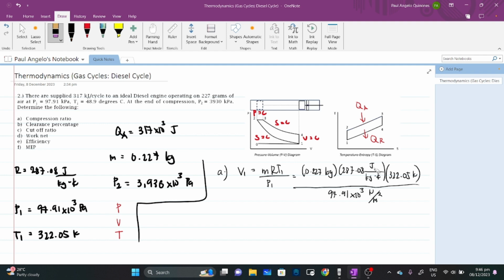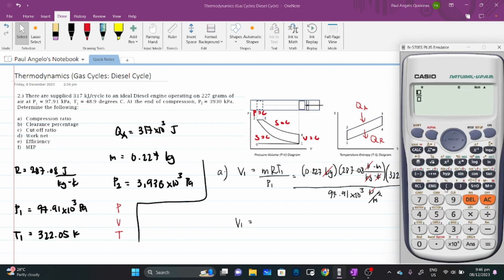Joules here, let's expand as Newton meter. As you can see, kilogram cancels, Kelvin cancels, and Newton cancels out, leaving us with V sub 1.